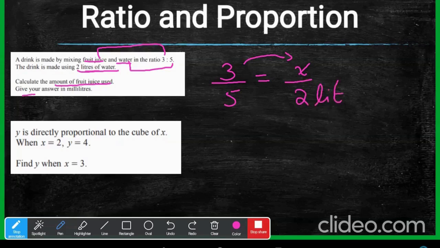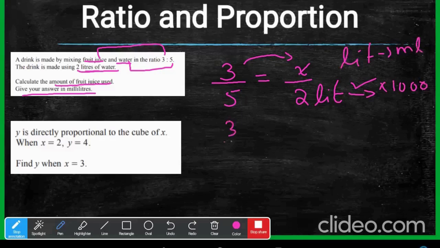To convert liters into milliliters, we multiply by 1000. So it becomes 3 upon 5 equals x upon 2000. Now 2000 goes to this side and will multiply: 3 upon 5 multiplied by 2000 is equal to x.